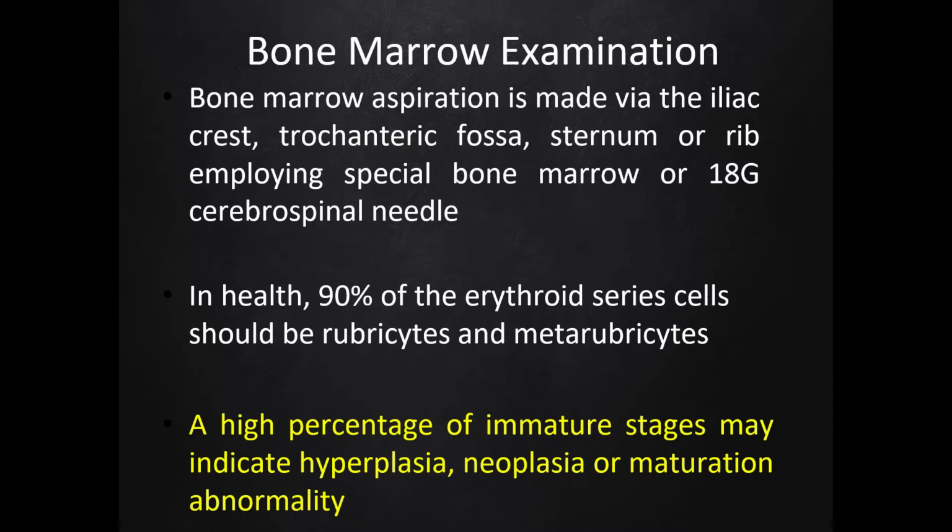So this is also an important measure if you want to know whether there is a tumor or hyperplasia going on, or aplastic anemia. So bone marrow examination is very important.